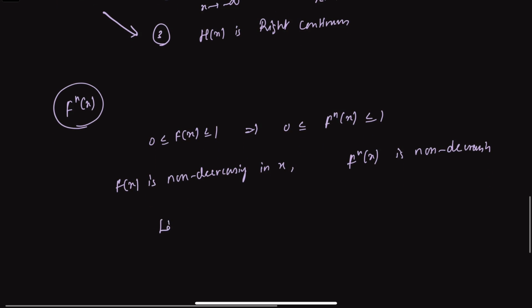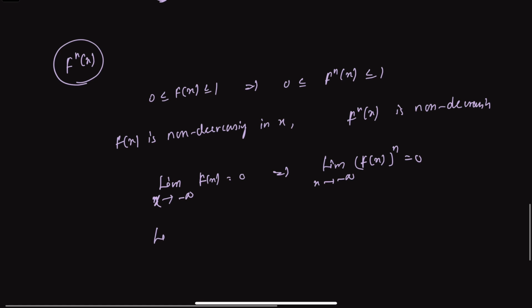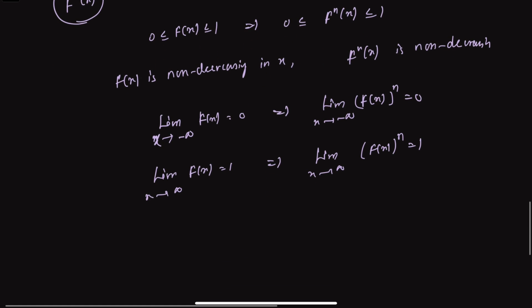Next, if we consider the limit as x tends to minus infinity, F of x is 0. So that implies the limit as x tends to minus infinity of F of x whole to the power of n will also be 0. In a similar way, the limit as x tends to infinity of F of x is 1, so the limit of F of x whole to the power of n will also be 1.